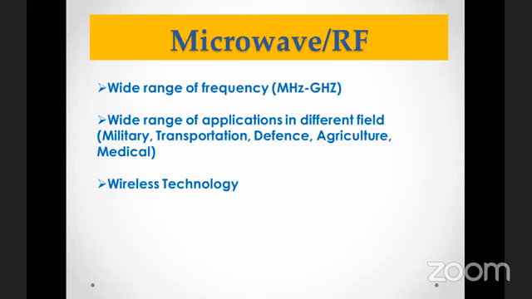This is the common notion in sensing. Then there is a wide range of application in different fields: military, transportation, defense, agriculture, medical. And in particular medical, it can be used for blood glucose sensing, for cancer treatment, for heat treatment, and it can be used for data transfer directly.